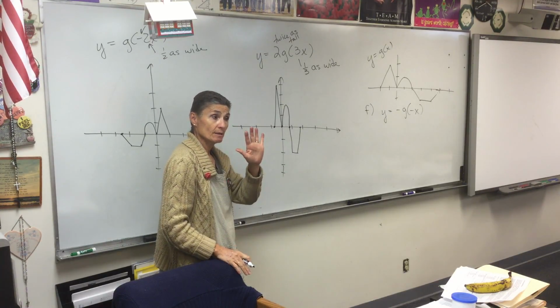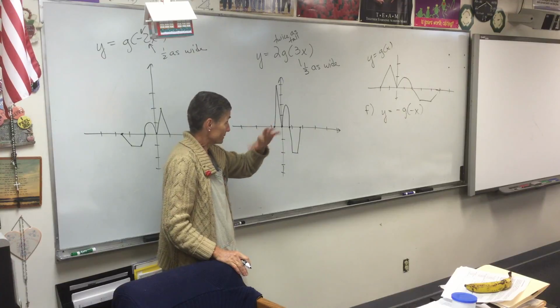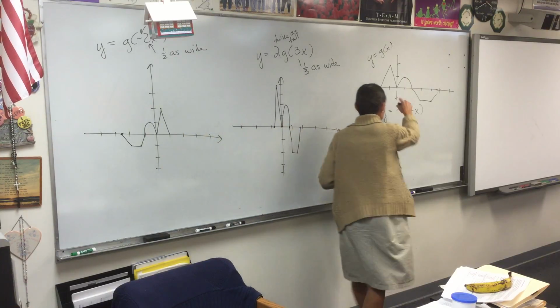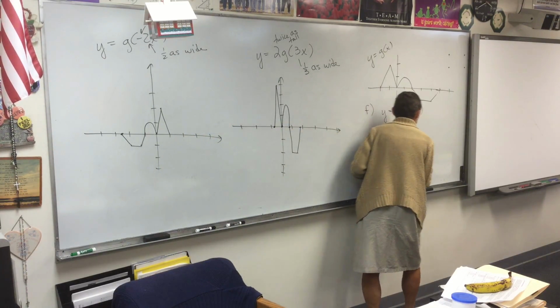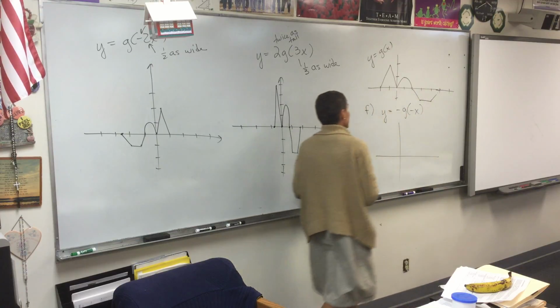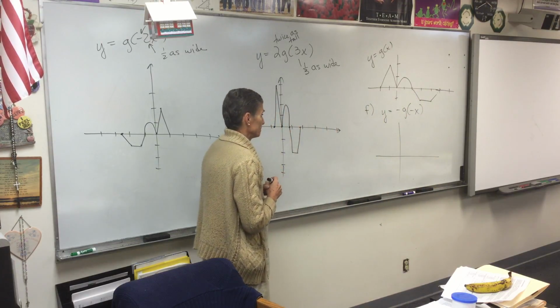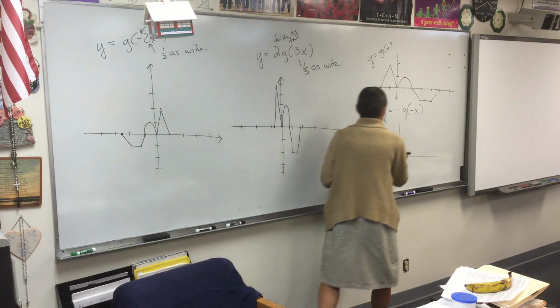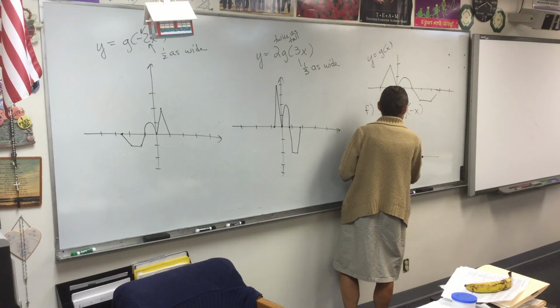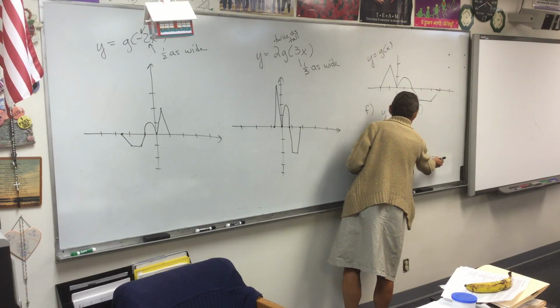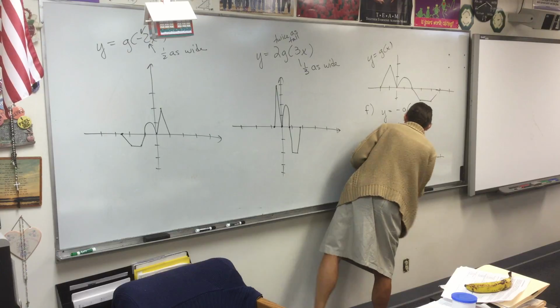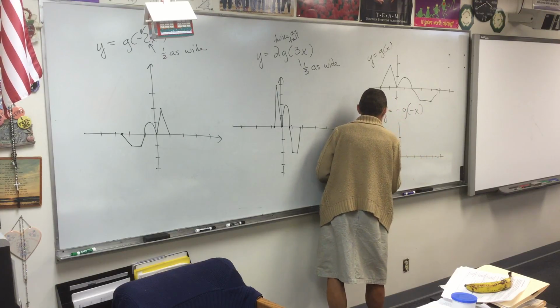Flip it both ways? All right, see if you can draw that. Take the original and see if you can draw it, flipping it both ways. I am going to do this in 2 steps. There is no way my feeble brain can handle it otherwise.